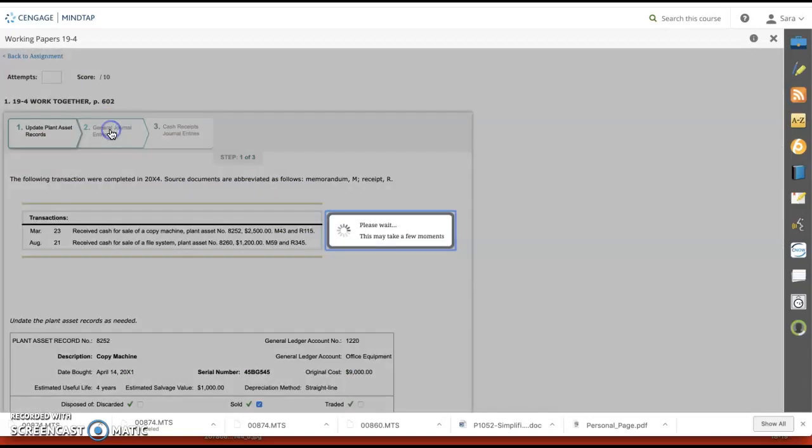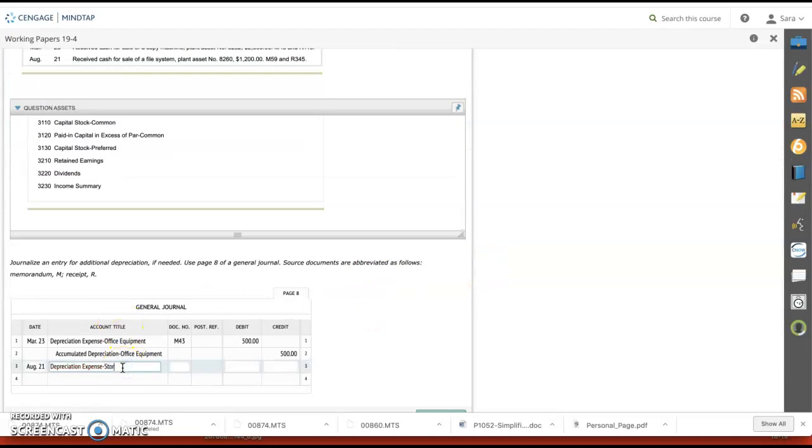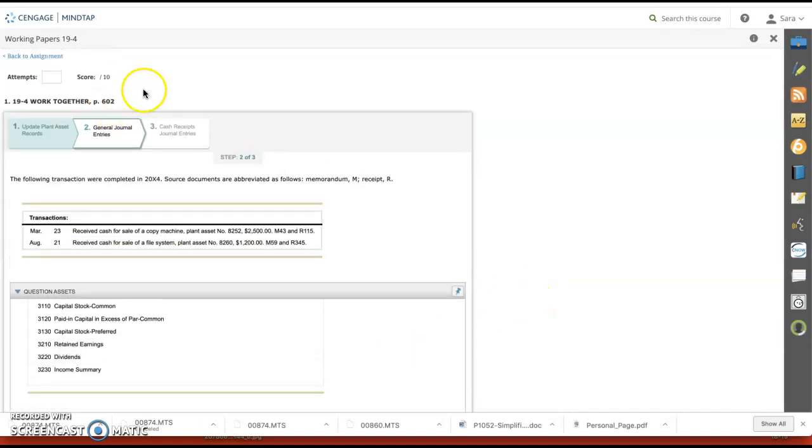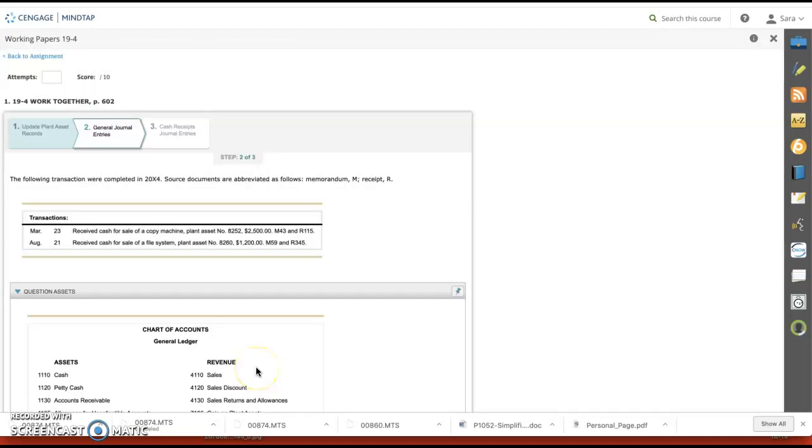So there you go. This one is store equipment. M59. And then we'll go back. And our amount was $200.